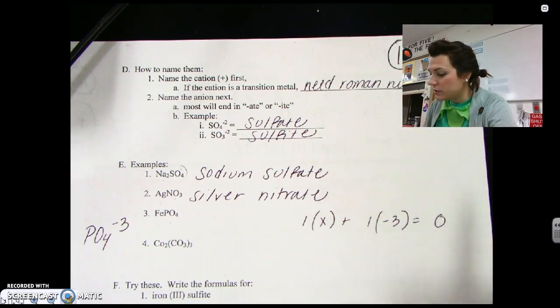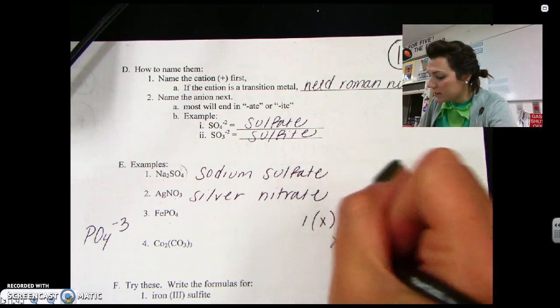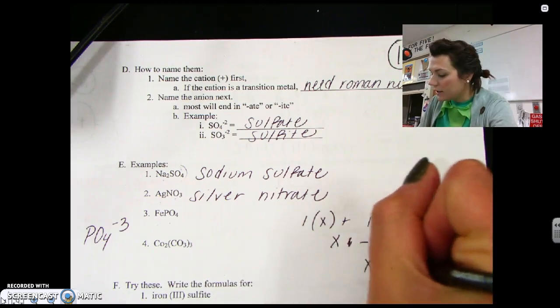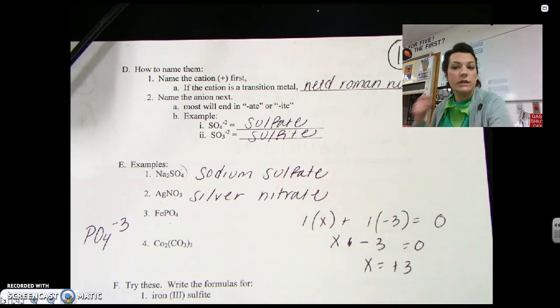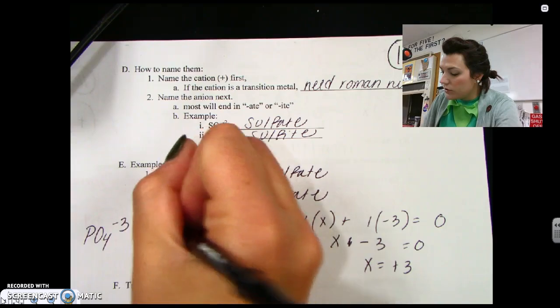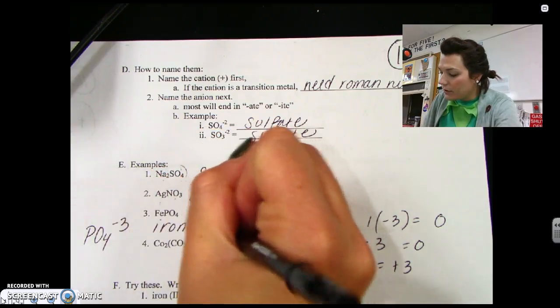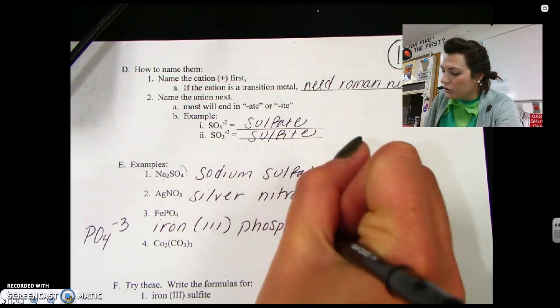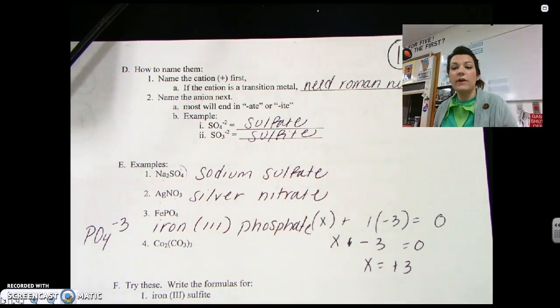Okay, so if I do this algebra here, X minus 3 is equal to 0. So X is equal to plus 3. So what is iron's charge in this case? Iron's charge is going to be 3. So I have to write iron 3 phosphate. You could also remember that if phosphate has a -3 charge and you don't see any subscripts, that's going to mean that iron's charge has to be plus 3.